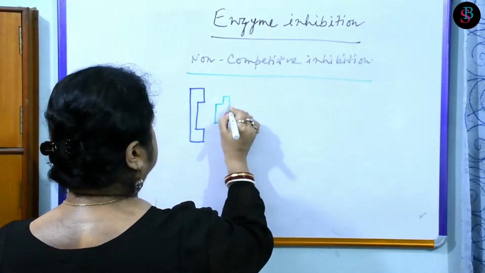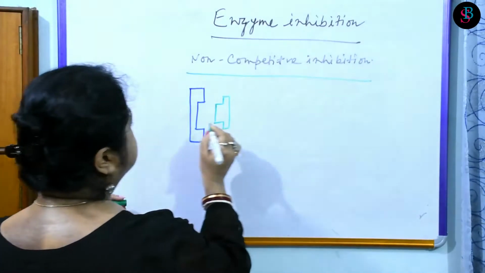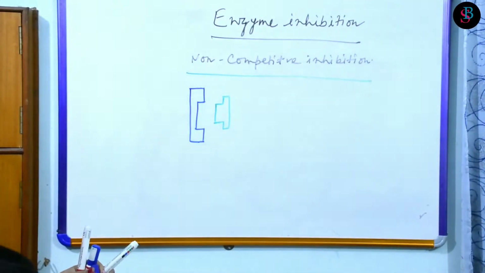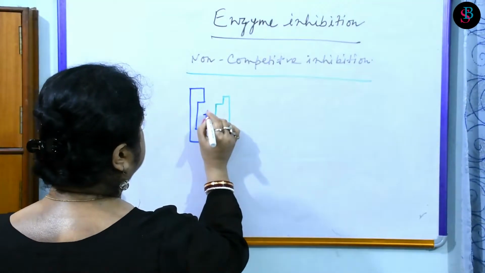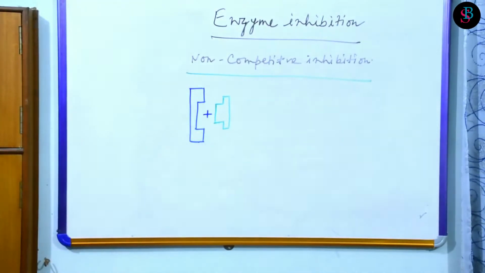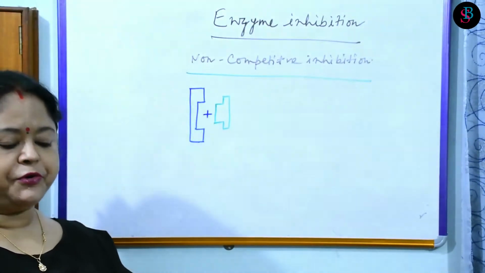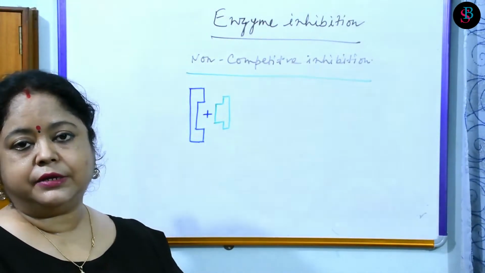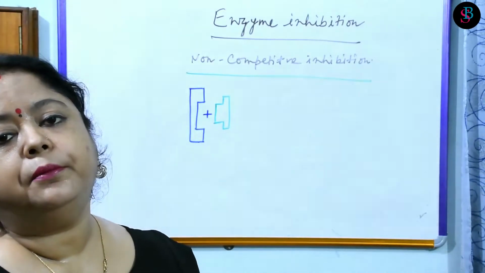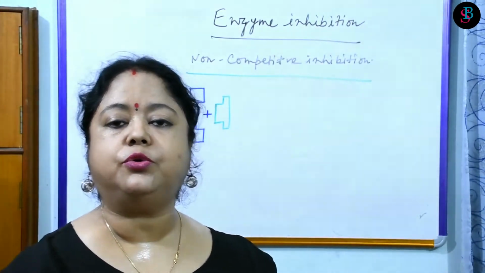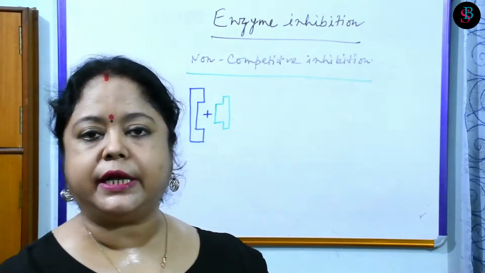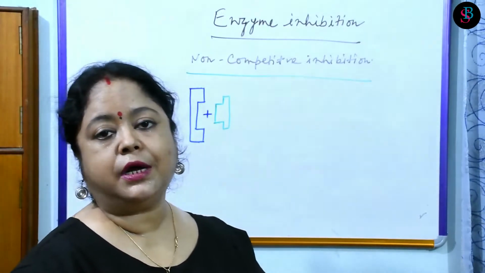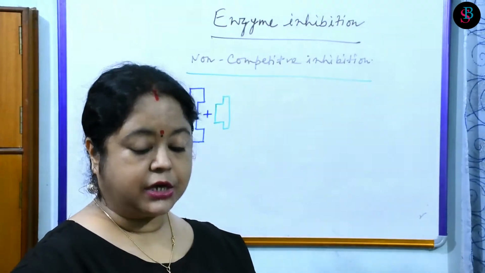Now, there is no hindrance between them, so the substrate is very relaxed that its position is okay and it can easily react with this, but the non-competitive inhibitor will attach at any other place, not on the active site. It can occupy any place and change the configuration of the active site or change the structure of the active site.